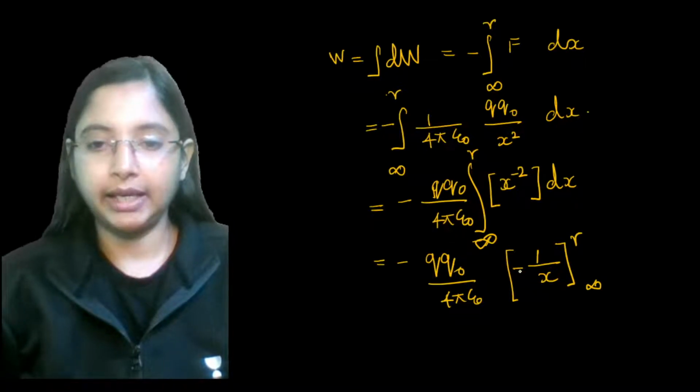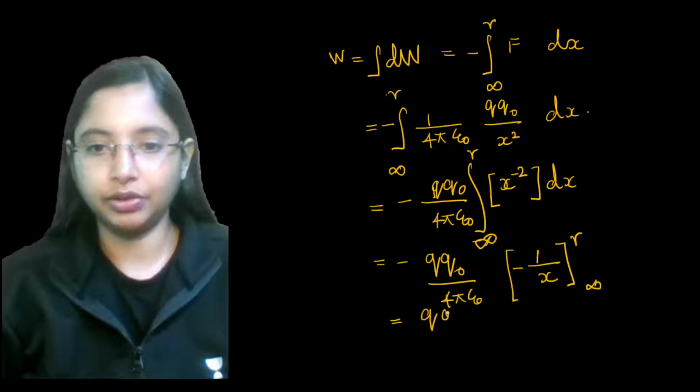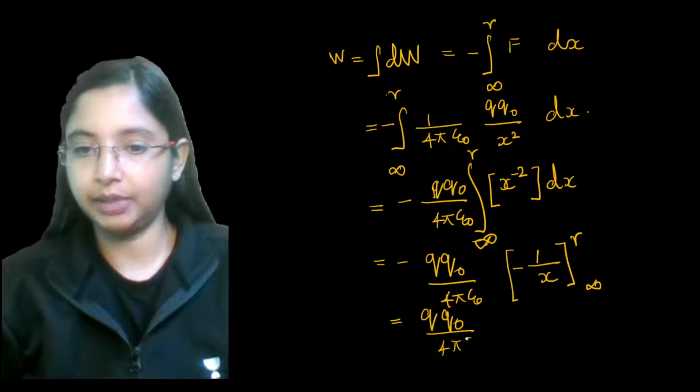Now this minus sign you can take outside, so you'll have q naught divided by 4 pi epsilon naught.